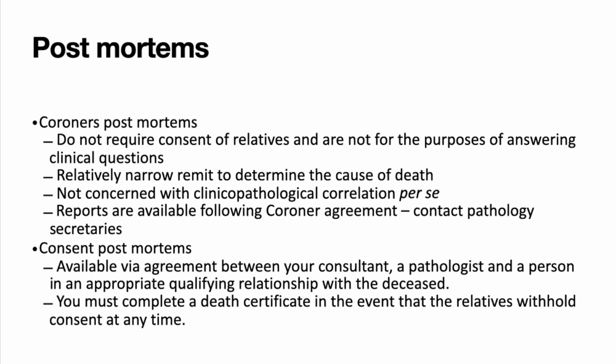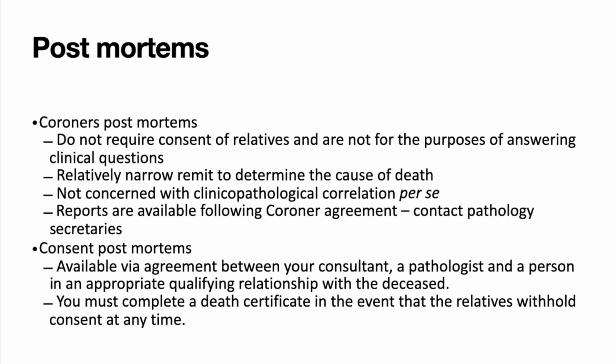The second type of postmortem is a consent postmortem, and this is where you know what the cause of death is, but there might be some aspect of the death or the disease involved that you want to know a little bit more about and that a postmortem might help you with. In this case, you have a discussion between the consultant, a pathologist, and a person in a qualifying relationship with the deceased, which is usually a family member.